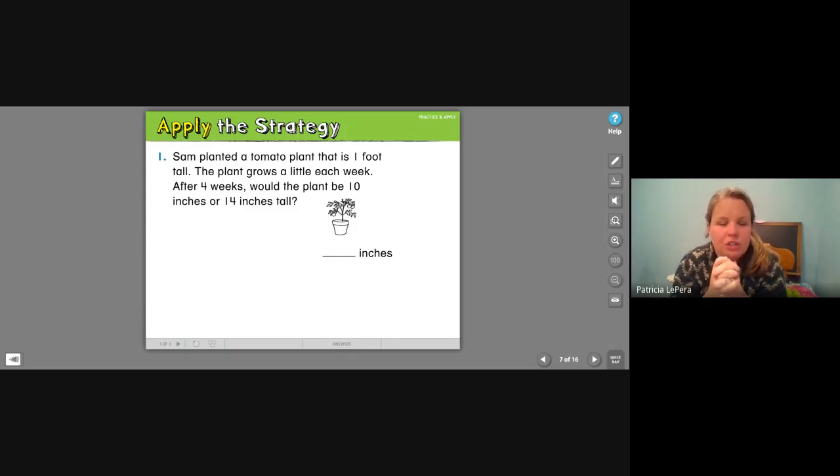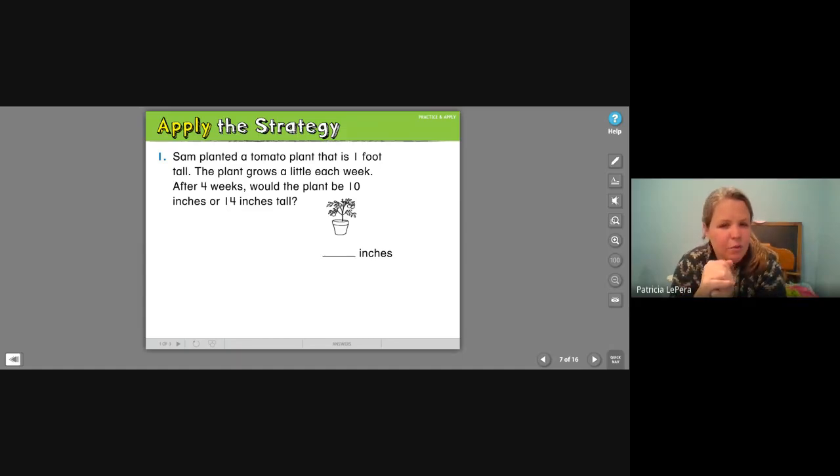All right, so we're going to use logical reasoning. We're going to go back and look for the information that we know to help us with, in here, we have 2 choices to pick from. So if Sam planted a tomato plant that is 1 foot high, and then after 4 weeks, we're talking about 10 inches and 14 inches.